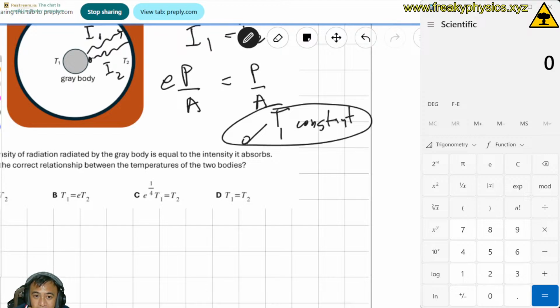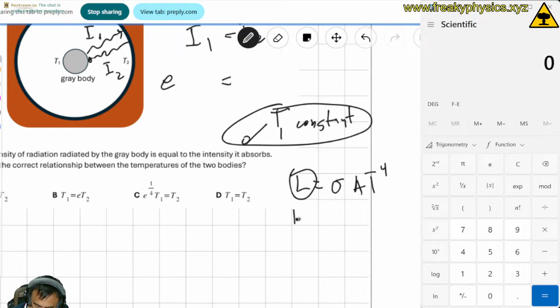Here, thermal energy, black body with regards to temperature. So that's another way of looking at it. Now I'm going to change that P over A into something else, just to make it easier, because there is a formula in the data booklet which makes this easier. L is equal to sigma A T to the 4. This L here is luminosity in stars.